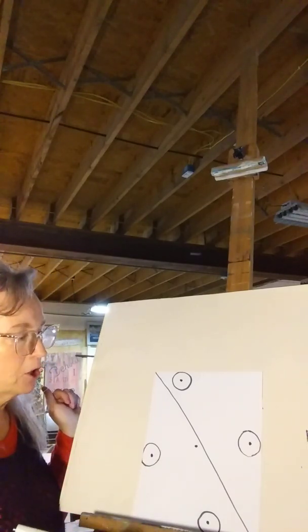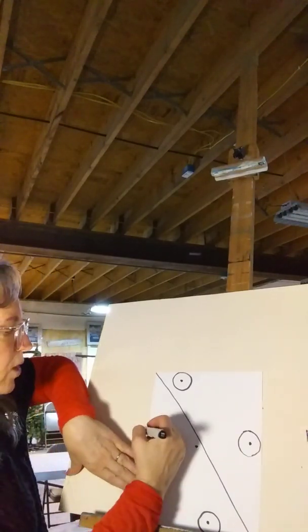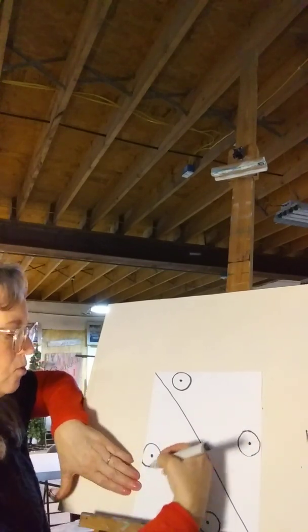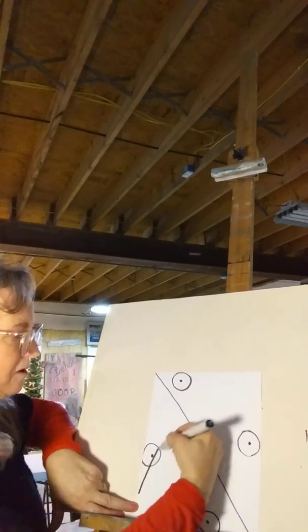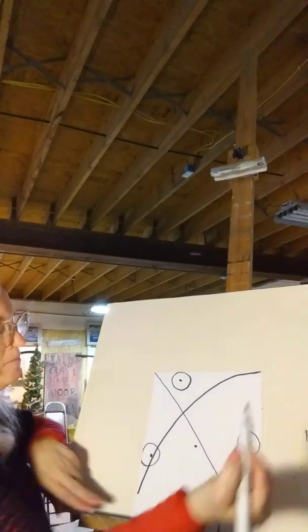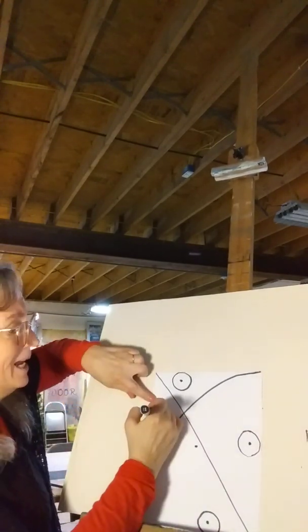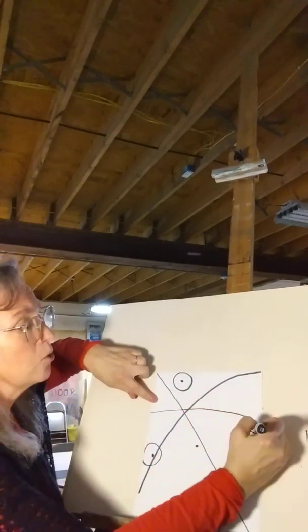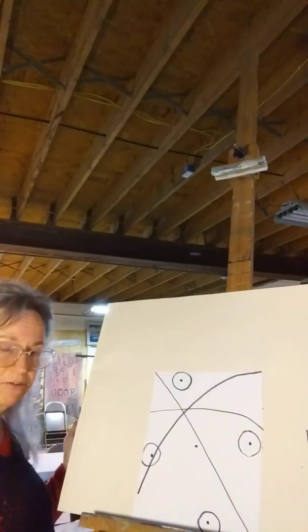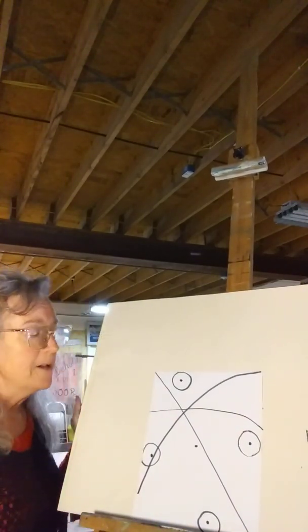Now, how about a curved line? We could go from one edge to a corner. Or we could go from an edge to an edge with a curved line. And it doesn't have to be huge.